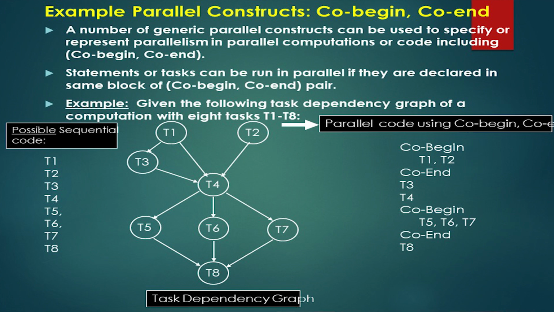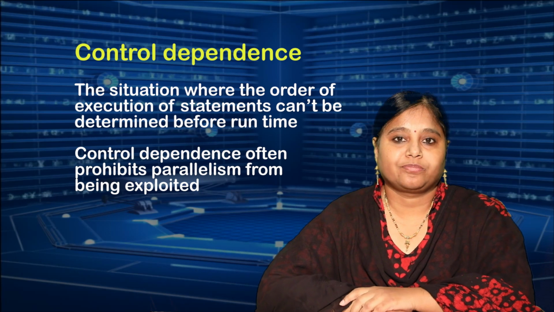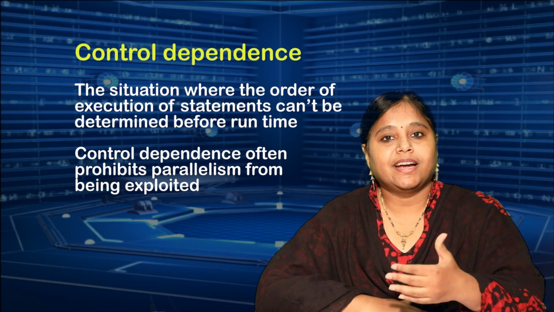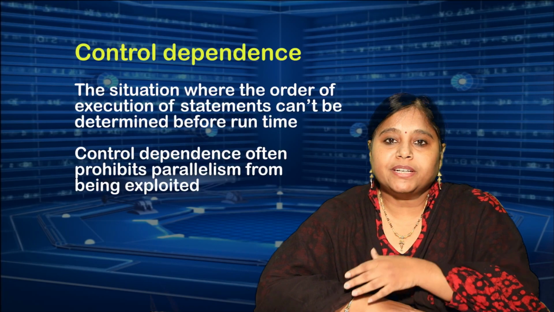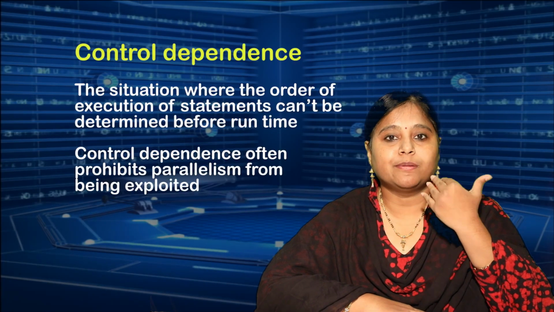Okay. Next, coming to the next dependency, that is control dependency. After analyzing the data dependency using the 3 dependencies, output dependency, flow dependency and anti-dependency, now we are coming to the control dependency. In a particular code there are some segments.